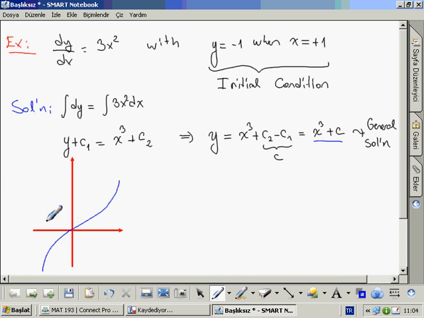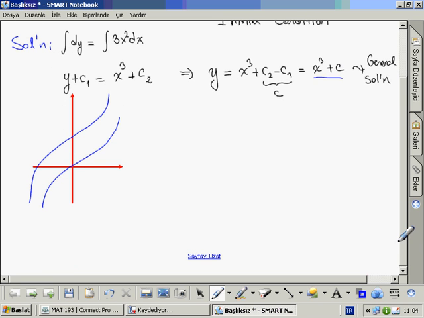Every blue curve is x cubed plus c, the integration constant. But in the question, an initial condition has been given.